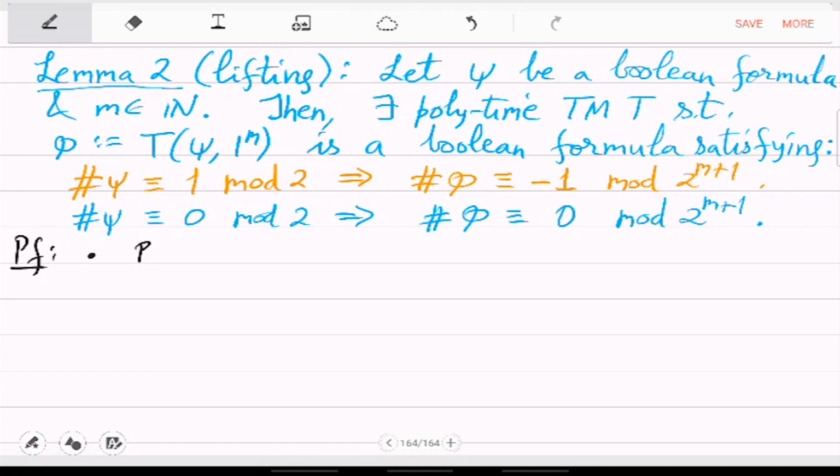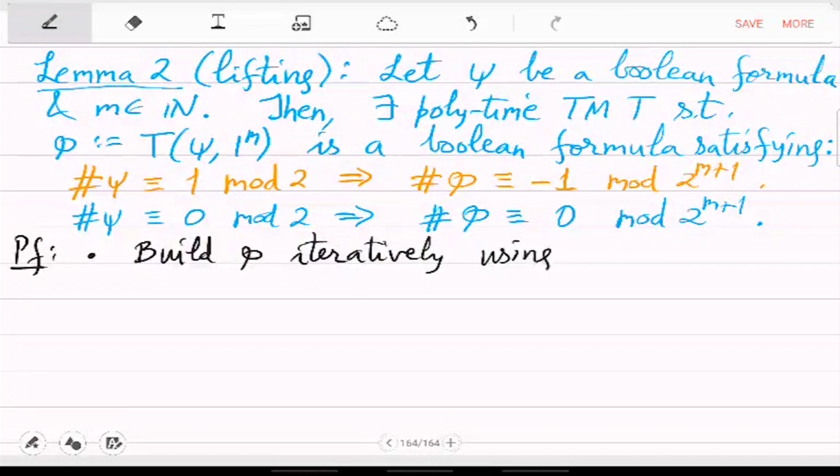So build phi iteratively using operations plus and multiplication.